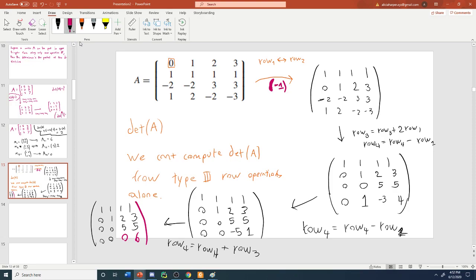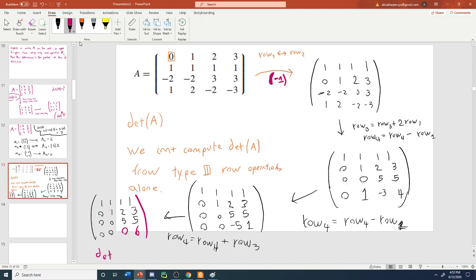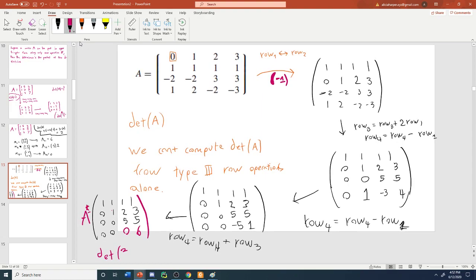And I can readily compute the determinant of this matrix. 1 times 1 times 5 times 6. If this is A star, the determinant of A star is equal to 30. Now I want to be able to infer something about my original matrix A all the way back up the ladder.